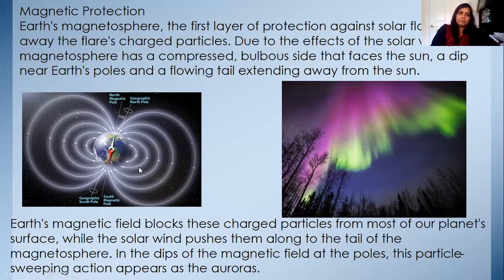As you see here, the magnetic field lines are nicely arranged around the Earth. But if you look at the top and the bottom, the very north and all the way down at the south pole, there's a little opening, so the charged particles can enter into our Earth's atmosphere.